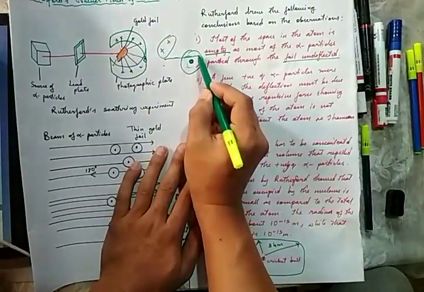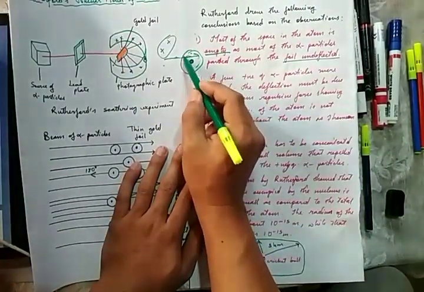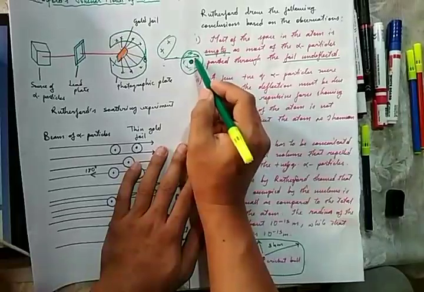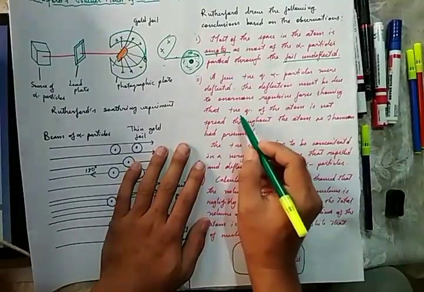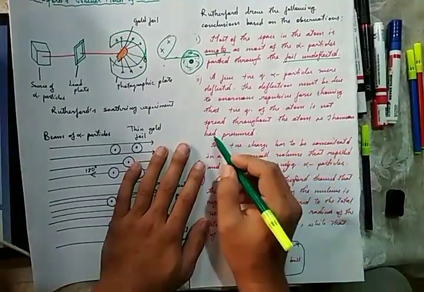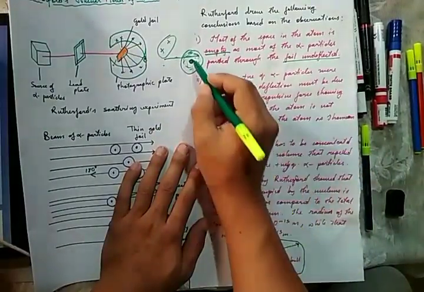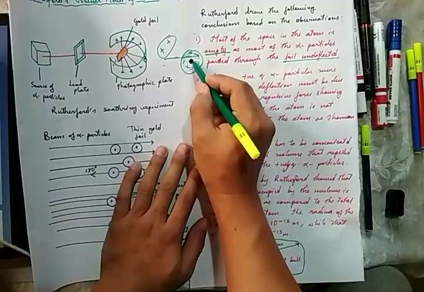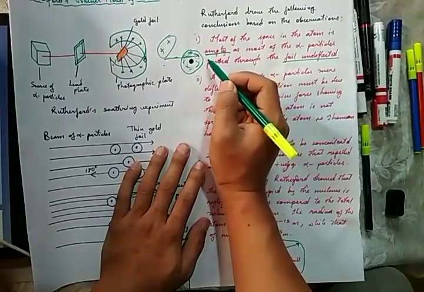According to this experiment, this space is empty, and the positive charge of the atom is not spread throughout the atom as Thomson had presumed. So the positive charge is concentrated here in the nucleus.